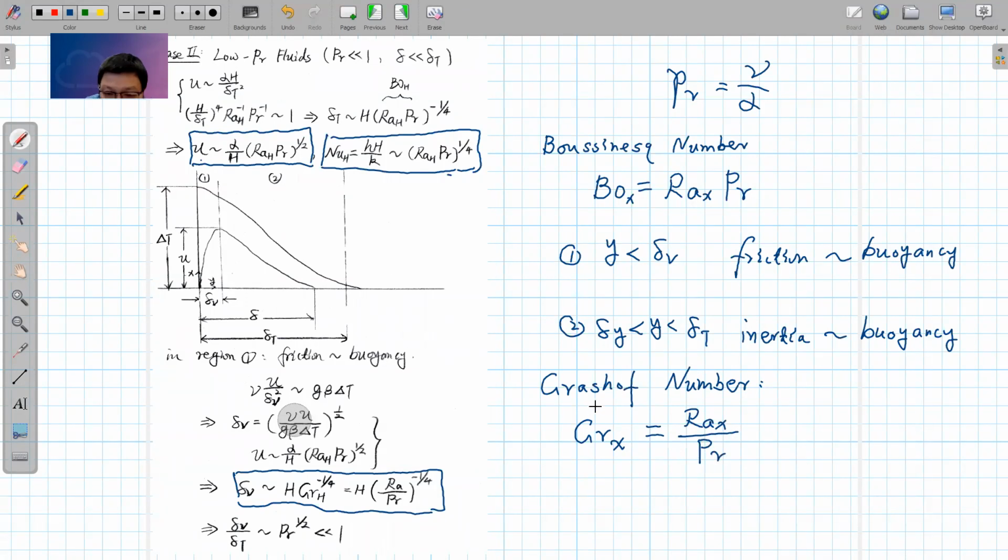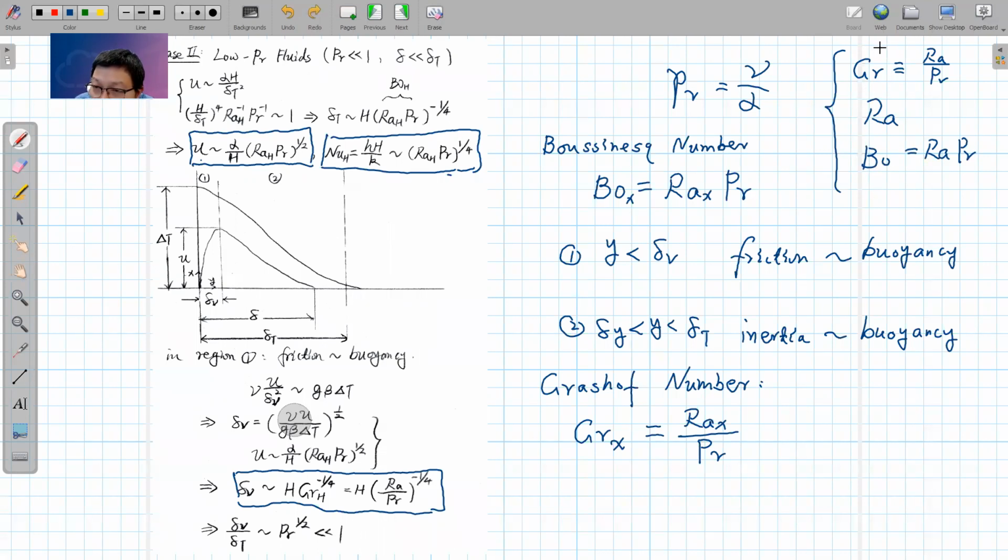Okay. So basically, in natural convection we constantly see three numbers. We constantly see that this Gr will be equal to the Rayleigh number divided by Prandtl number, or we can see the Rayleigh number, or we can see that this Boussinesq number will be Ra times Pr. So there are these three dimensionless numbers, the Grashof number, the Rayleigh number, and this Boussinesq number.